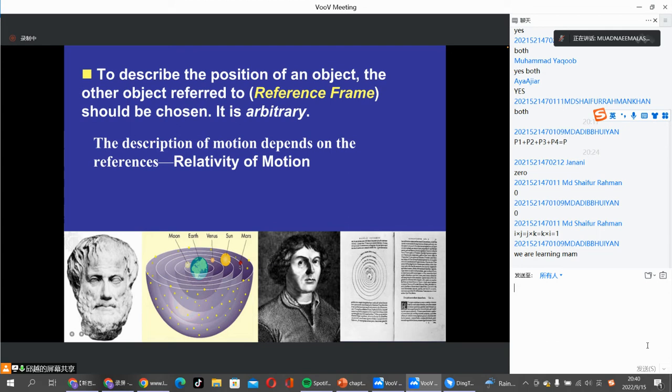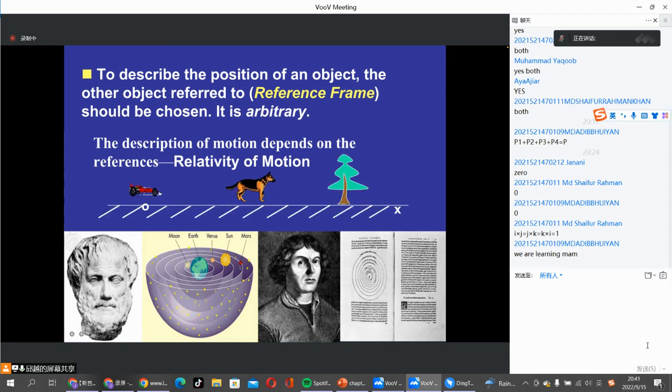And we can also see the reference frame is really important when we describe the motion of one object. So the description of motion depends on the frame of reference. And we call this rule the relativity of motion.